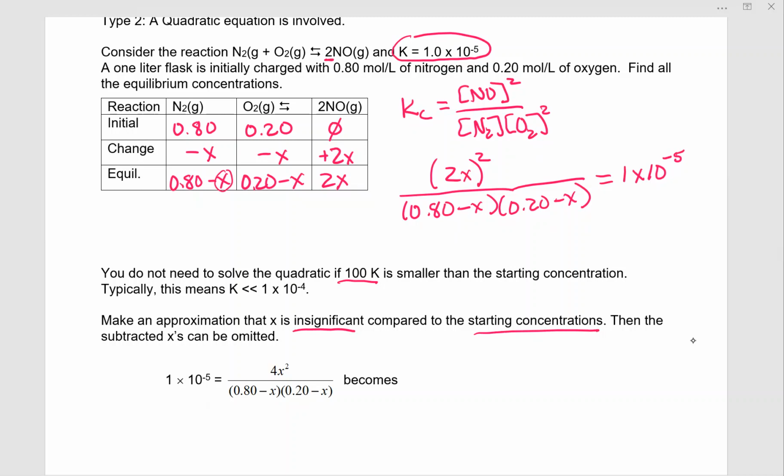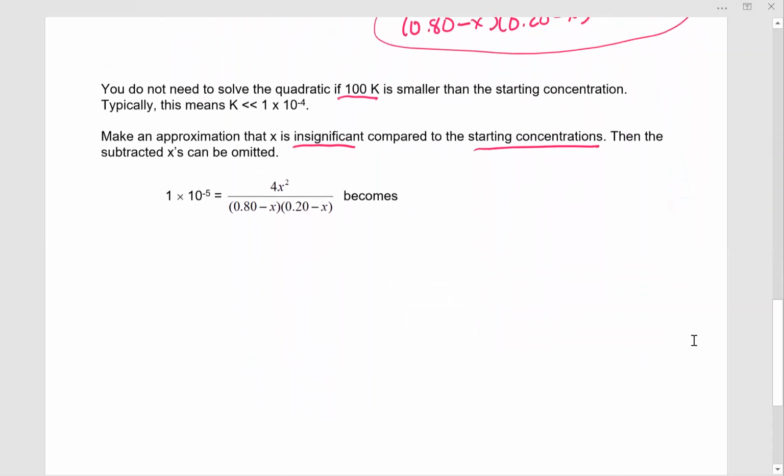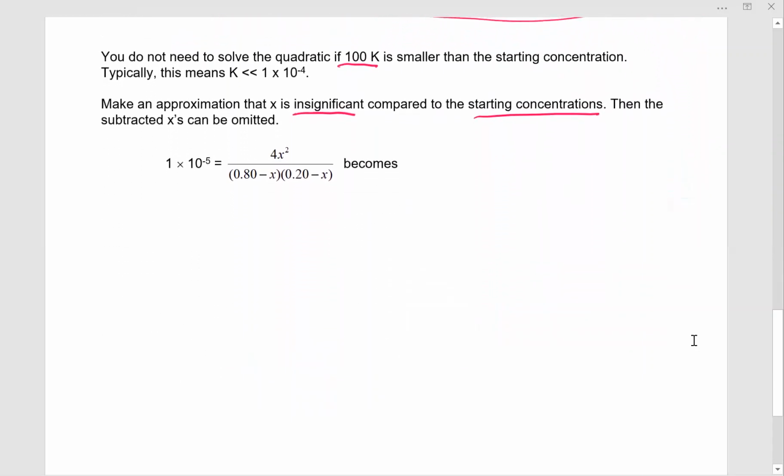So you make an approximation that x is insignificant compared to the starting concentrations. Then the subtracted x's can be omitted. So I've shown here, we've worked all through getting to this equation right here, and now we're going to be working with this. So I'm going to slide this to the top of the page. So 1 times 10 to the negative fifth, this equation is going to become 4x squared over 0.80 times 0.20.